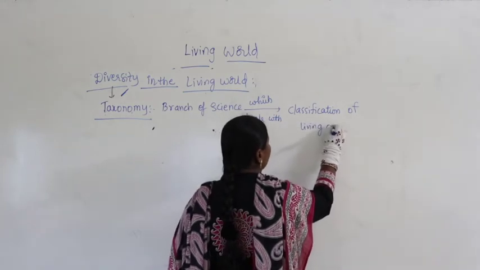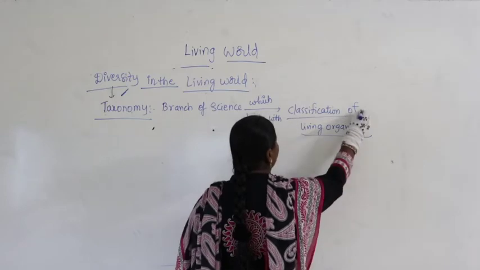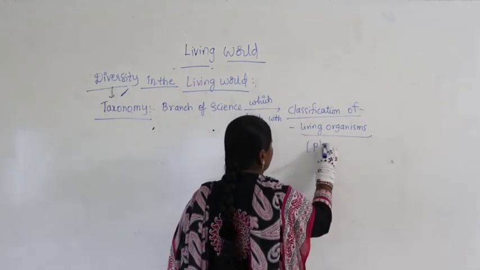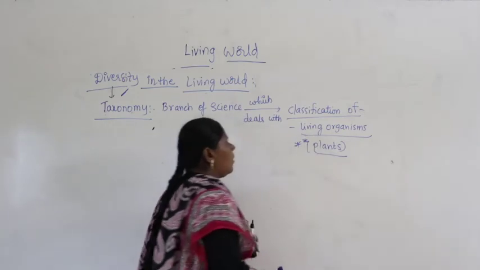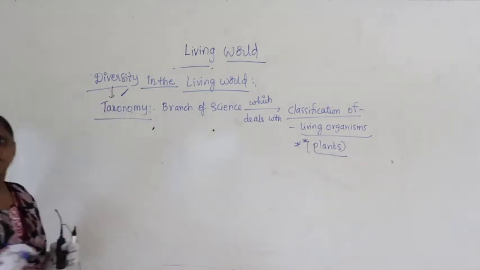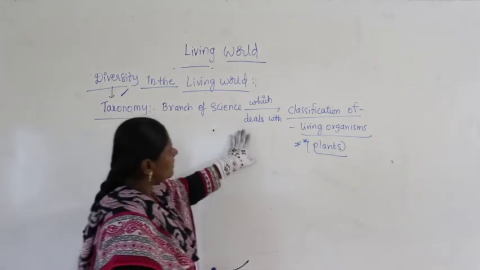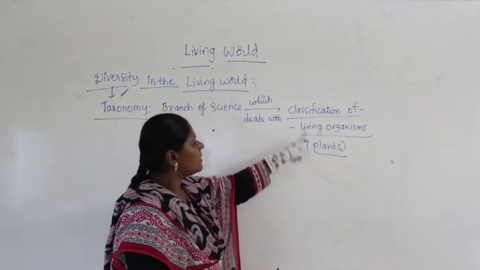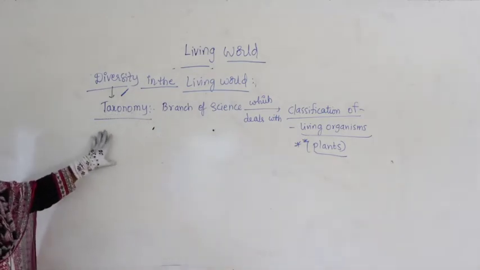But here we are discussing plants. So, a branch of science which deals with classification of plants, classification of living organisms, is called taxonomy.